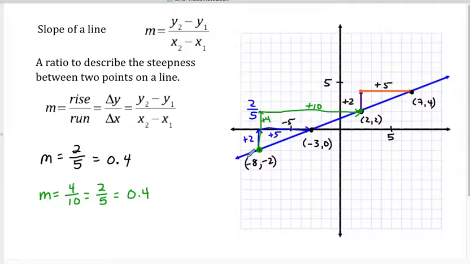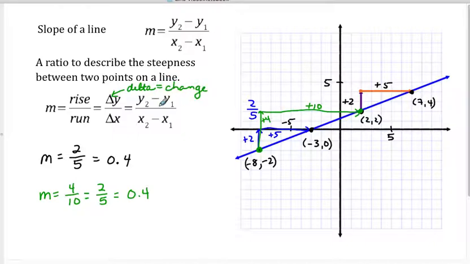So no matter how I look at it, this ratio is going to stay consistent across all of these points. And that's the slope. Again, often in language we'll say rise over run for slope, and we can express that as the change in y. This symbol here, delta, meaning change.